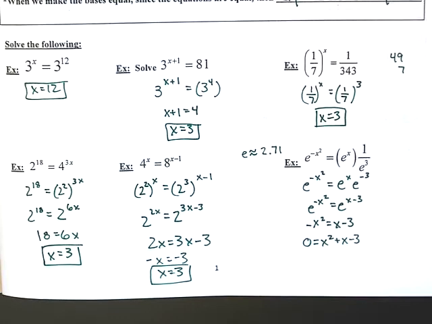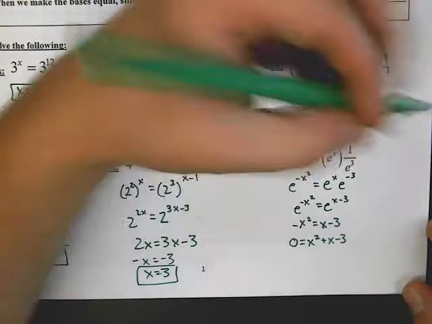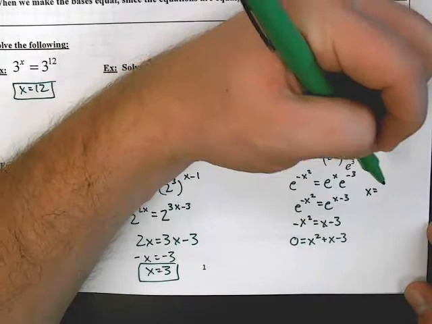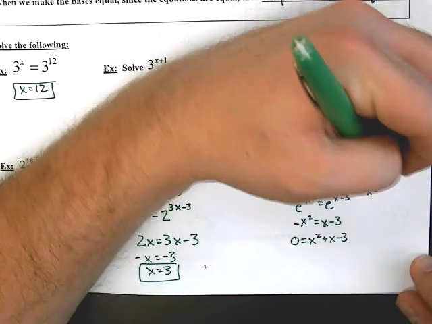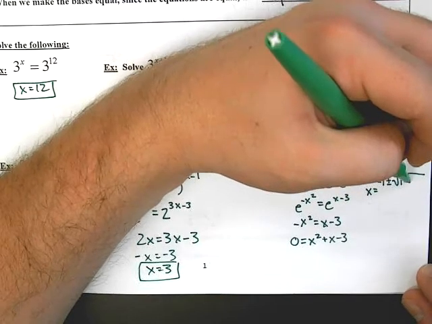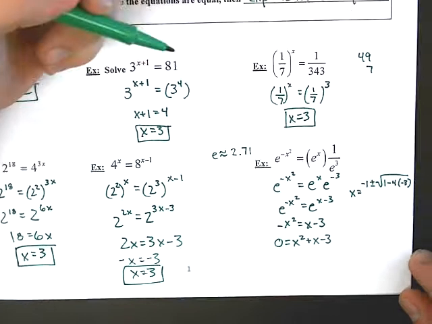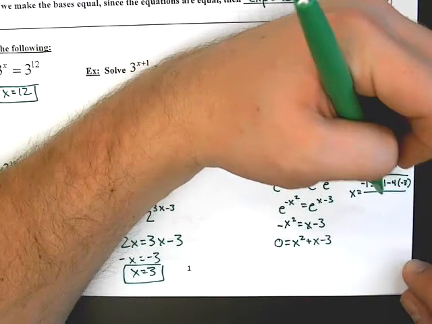Alright, so now I would need to solve this. At this point, guys, I hope you see that you cannot factor that. So we would have to use the quadratic formula. Alright, so let's do it. x equals negative b plus or minus the square root of b squared minus 4ac, all over 2a.